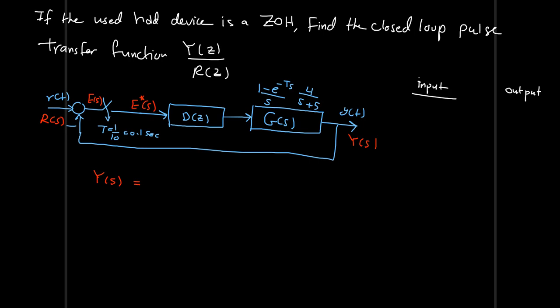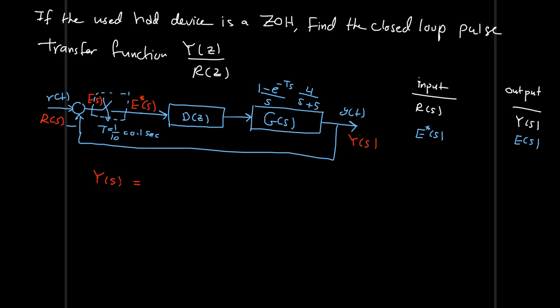Now the real input is R of s, and the real output is Y of s. Also, if we have a sampler, we will consider the input to the sampler as output, which is E of s, and the output of the sampler as input, which is the E star of s. Then we try to write the output in terms of the inputs.